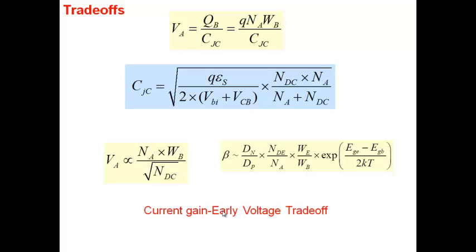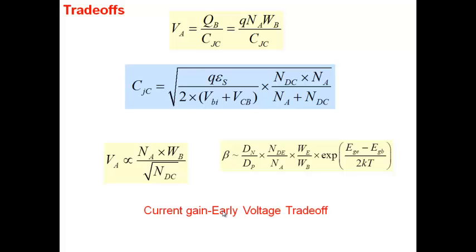We have something called figure of merit, if you want to evaluate different transistors. Somebody will give you some beta, some early voltage, some frequency response. How do you compare one transistor to the other? So we have something called figure of merit.